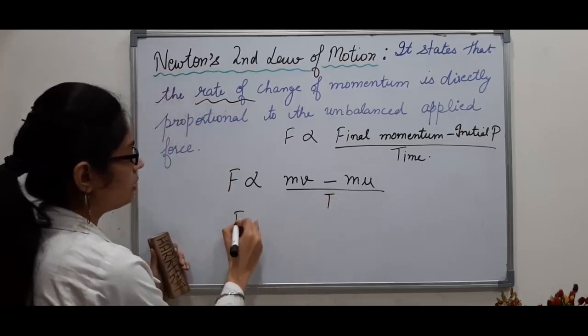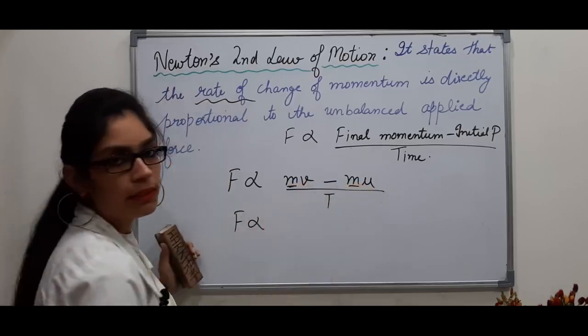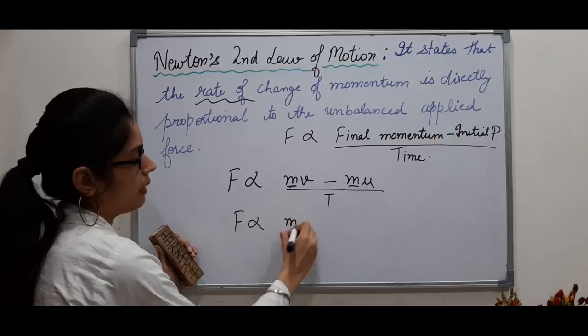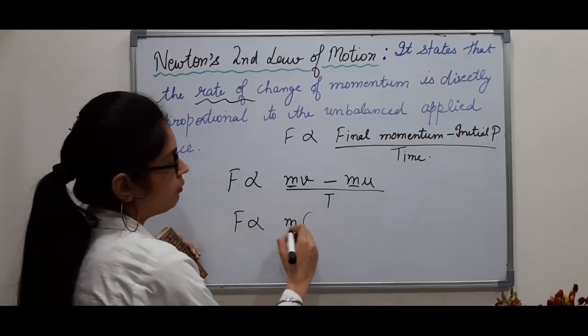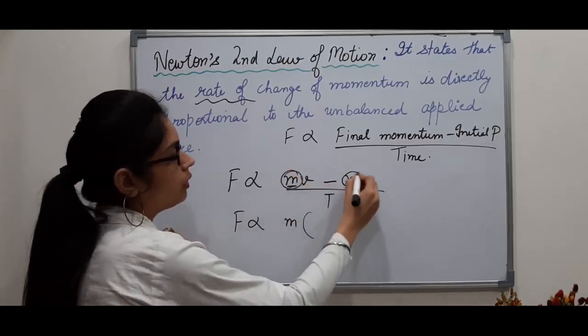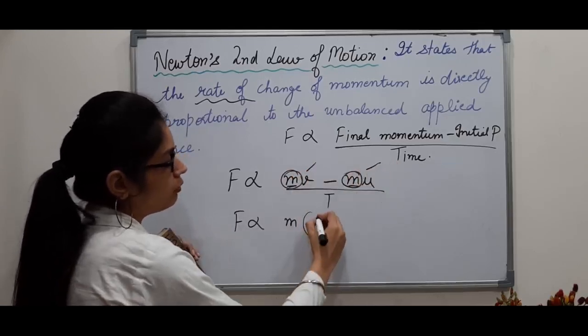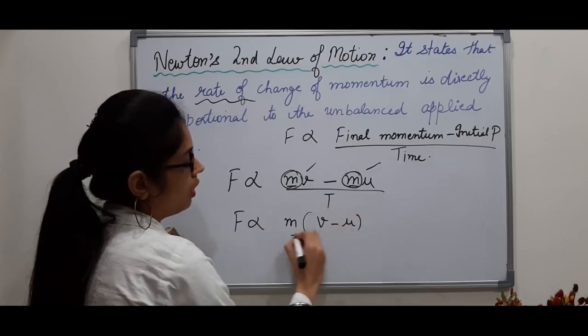Now I can see m is present in both the terms, so I will take m as common. Remaining things I write inside, which is v minus u upon t.